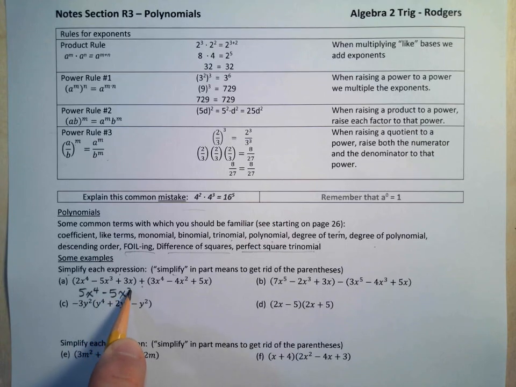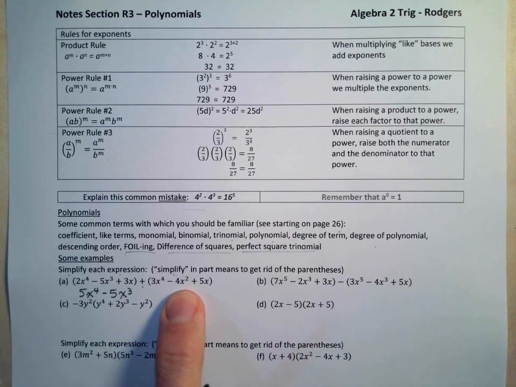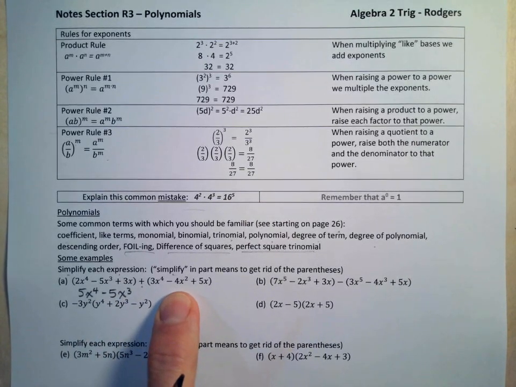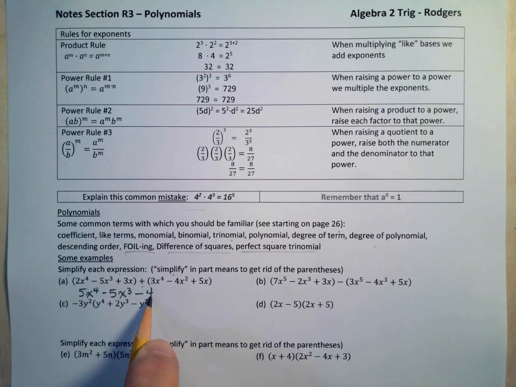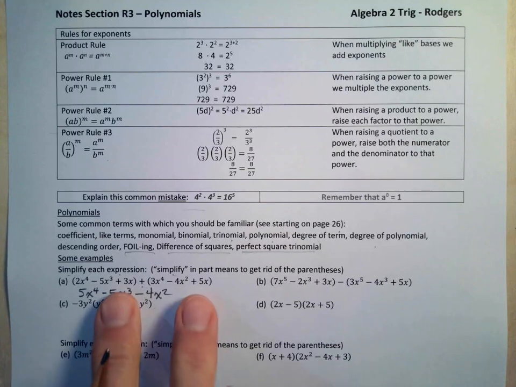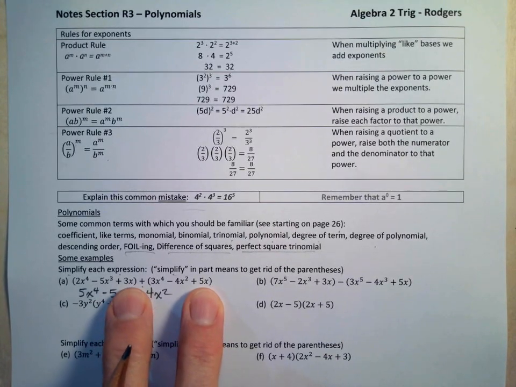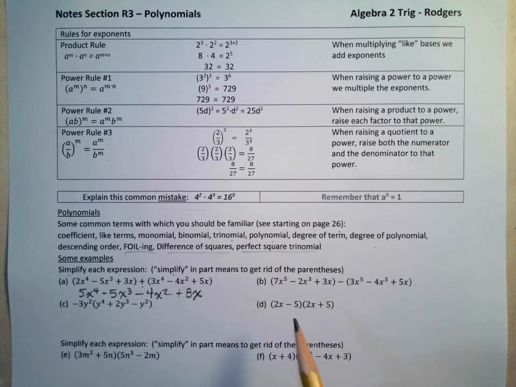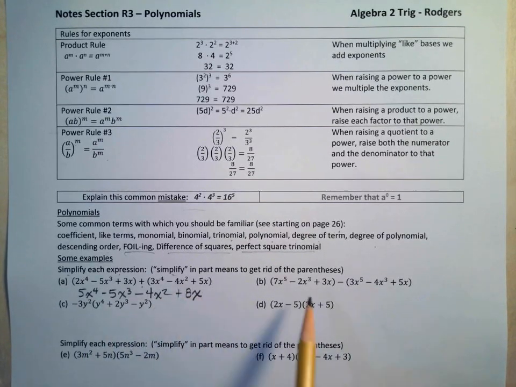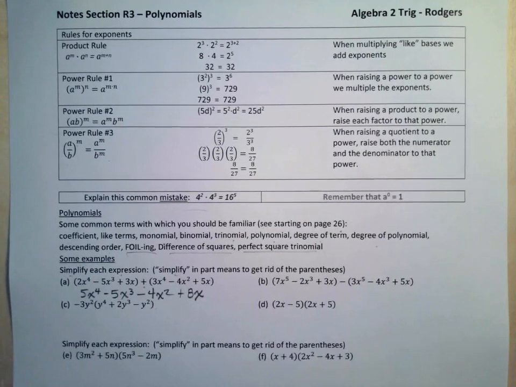And the same thing with the 4x squared. There's no like term over there, so that doesn't get added to anything. So 4x squared, and then finally we do have these two terms that are like terms, so that ends up being plus 8x. So I've simplified this. I combined all the like terms that I could. Notice there's no parentheses in my final answer.